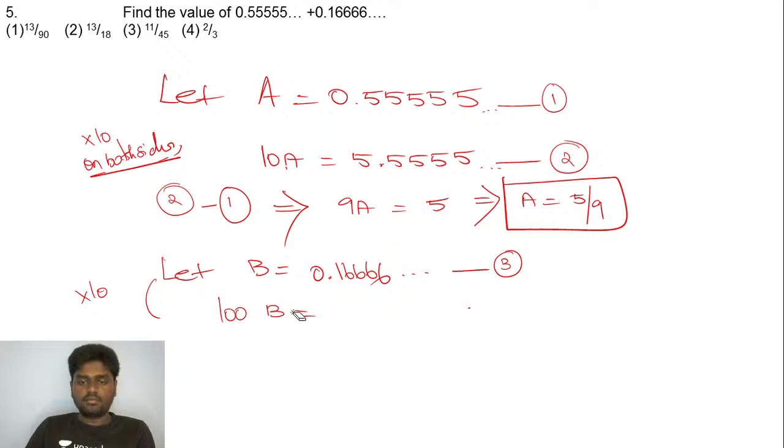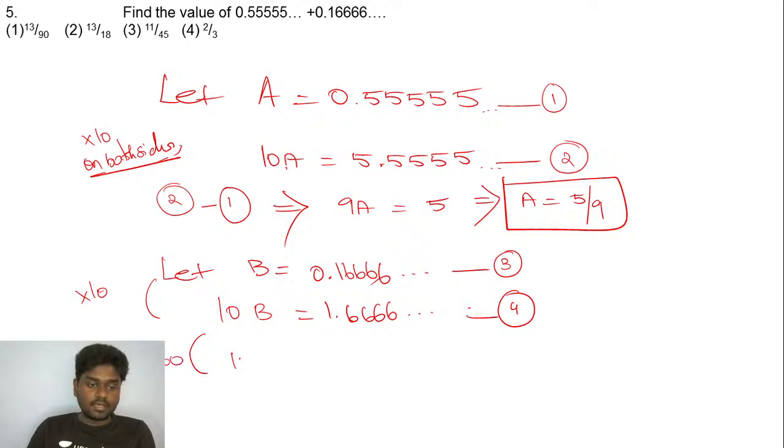If I multiply with 10, I'll be getting 10B is equal to 1.666, and it goes on. Let me take this as 4. And if I multiply again with 10, I'll be getting 100B is equal to 16.666.